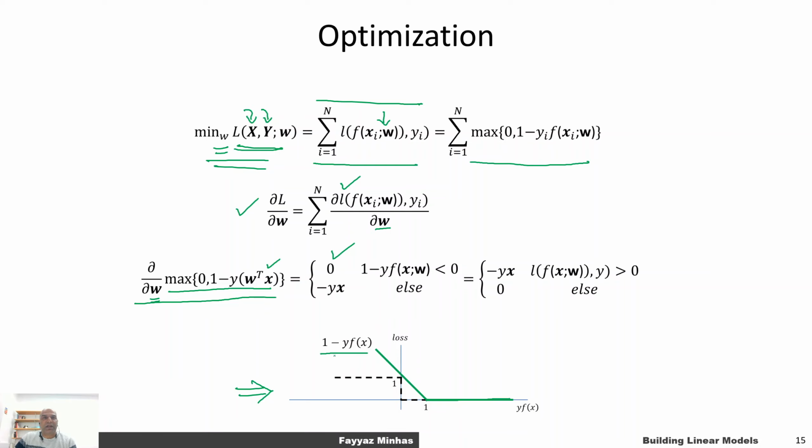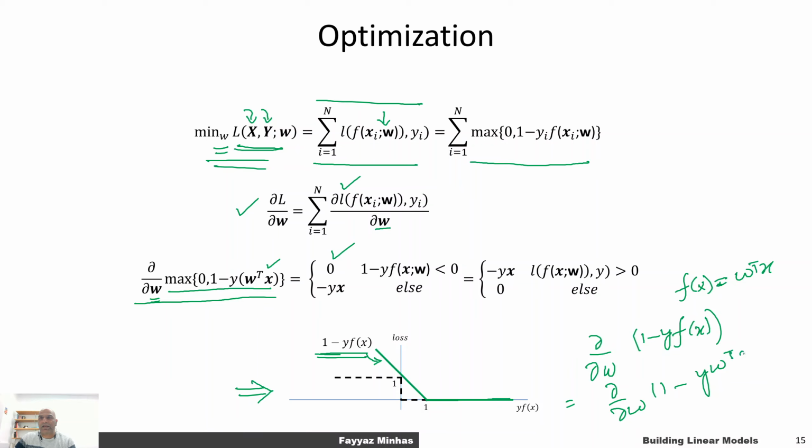Since this part of the loss function corresponds to 1 minus y times f of x, we can take the derivative of this with respect to W, and we know that f of x is nothing but W transpose x. So we'll substitute that in, and we get 1 minus y times W transpose x.